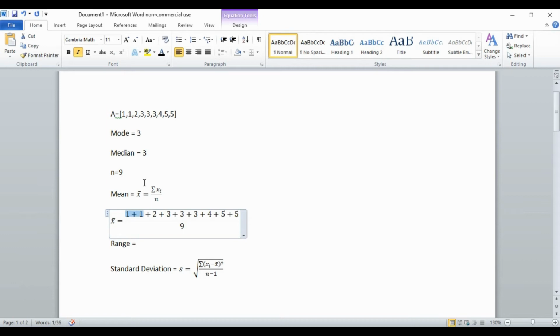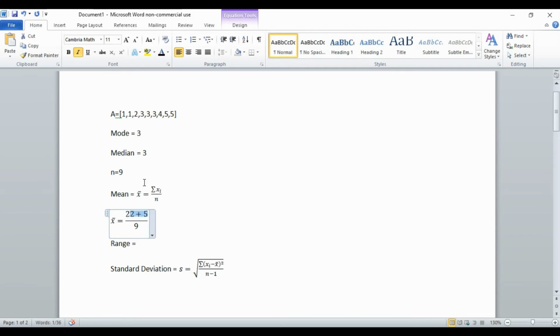So now I'm going to start adding these together. 1 plus 1 is 2. 2 plus 2 is 4. 3 plus 3 plus 3, that's 9. 4 plus 9 is 13. 13 plus 4 is 17. 17 plus 5 is 22.